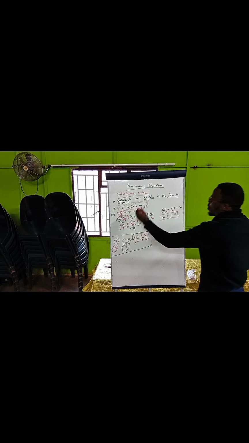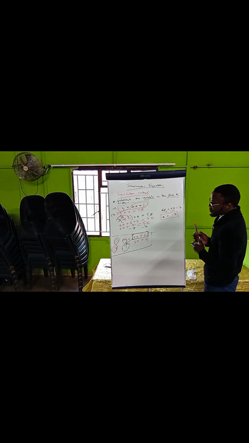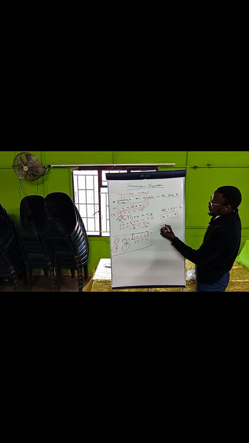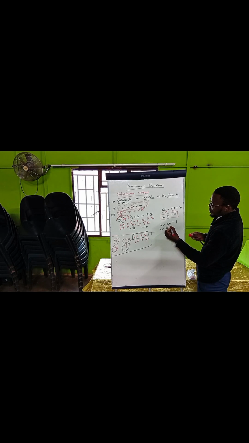It's just that this one is much more efficient, and it will give me the answer in less than 15 seconds. So y is equal to 2x plus 1. Where there is x, I will put negative 7, to show that I've substituted negative 7 for x.